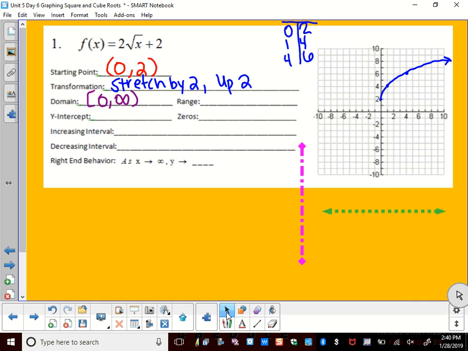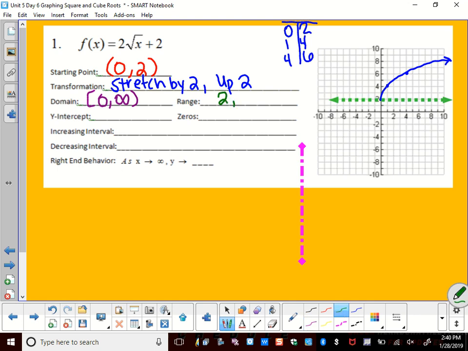My range, if I start from the bottom and go up, look at your y values. Where does my graph start? At 2, and it goes up to infinity. That 2 needs a bracket. That number is included.